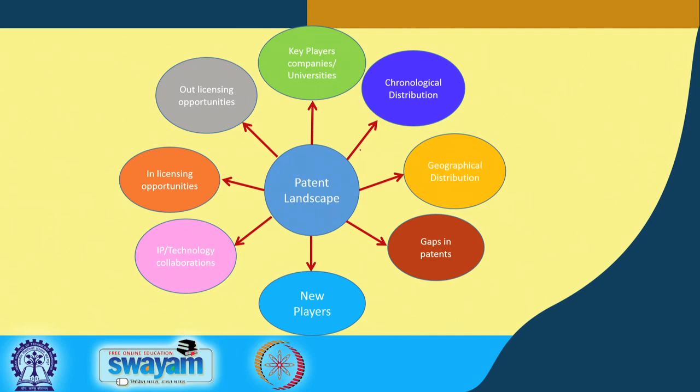The value to an organization, whether it is a research institution or a company, can be best realized by doing what we call the state of the art searches, which is the extensive aspect of looking at patents.